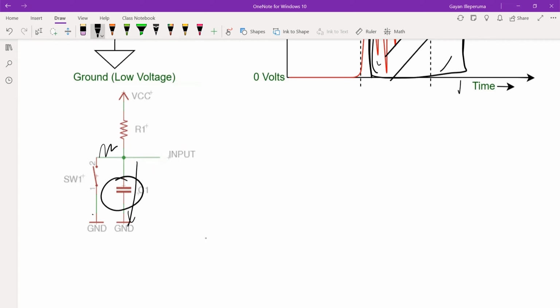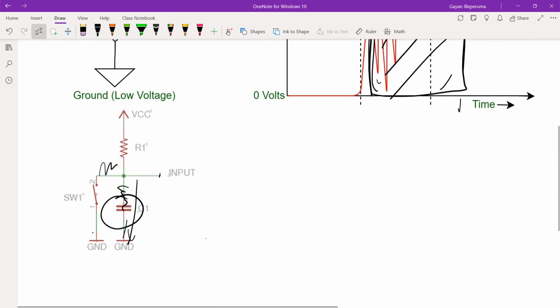But once the capacitor reaches that particular voltage, it will maintain it. So this noise will get cancelled out. But remember, if you're using something like this, it will delay the input by a certain amount.